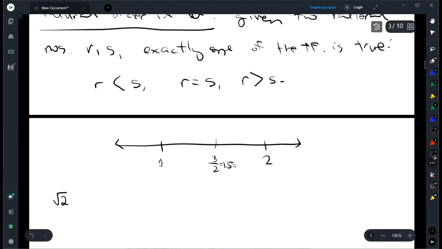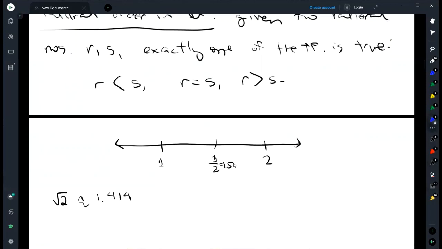Now, for instance, if we go back to our favorite irrational number, square root of 2, we estimated it as 1.414. So if we approximate 1.414, we can assume that it's somewhere here. That's 1.25. So it could be somewhere here.